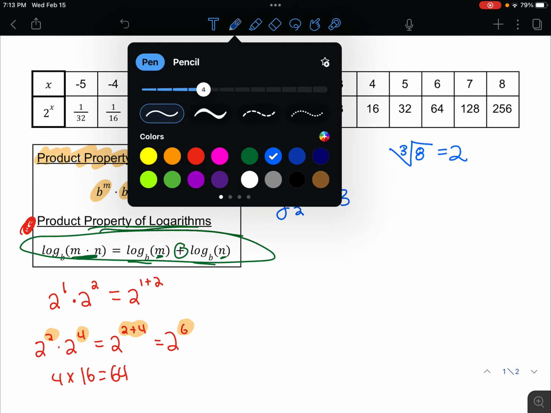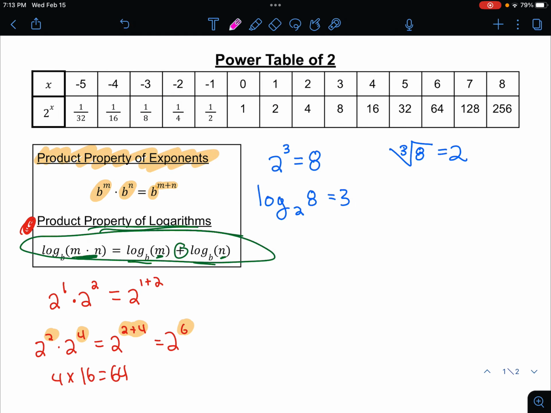Okie dokie. So let's say we want to do log base 2 of 8 times 1/4. We want to know how we can split this up with the product property of logarithms.